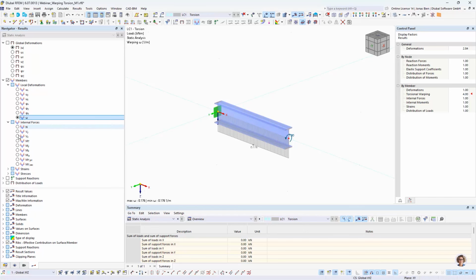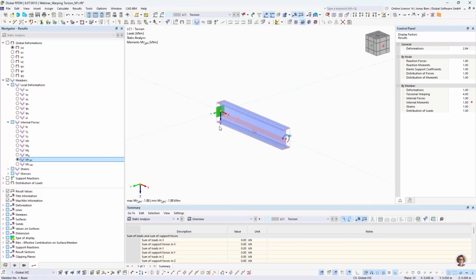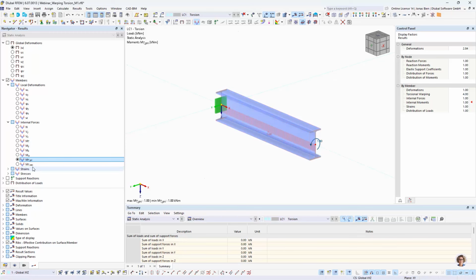And if we look into the internal forces, we now have still our torsional moment, which is now composed of the primary and the secondary torsional moment. And if we check how this torsional moment is now distributed between primary and secondary, we see that in the very basic case that we have modeled here, all of our torsional moment belongs to the primary torsional moment.